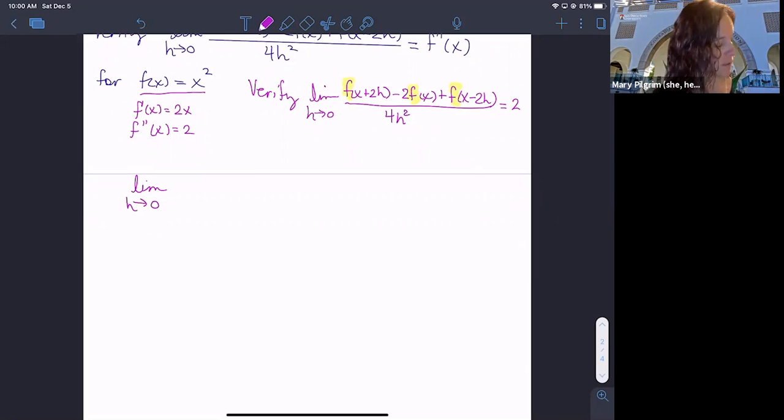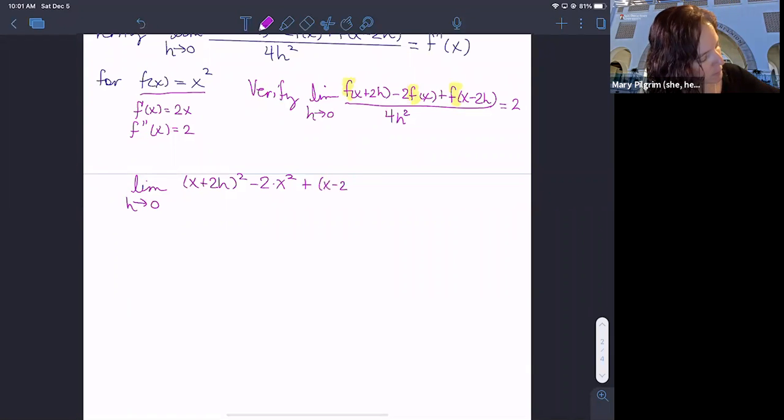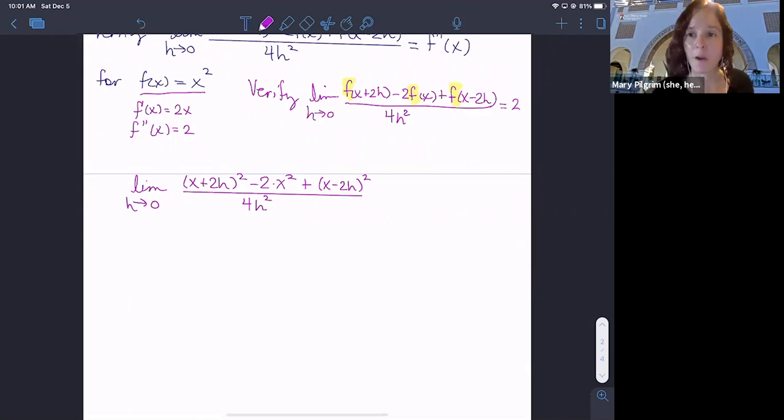Well, if f is x squared, f of x plus 2h is going to be x plus 2h squared, minus 2 times f of x, so minus 2 times x squared, plus f of x minus 2h, that's going to be x minus 2h quantity squared, all over 4h squared. And that we need to show is equal to 2.